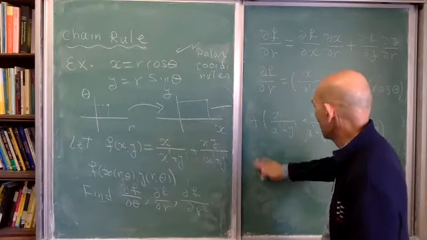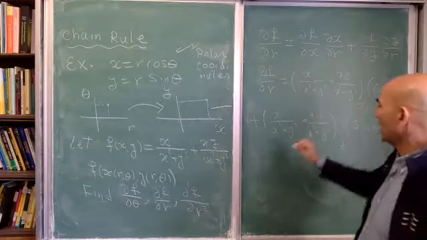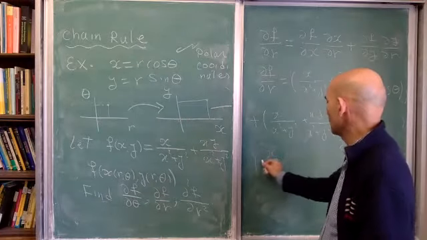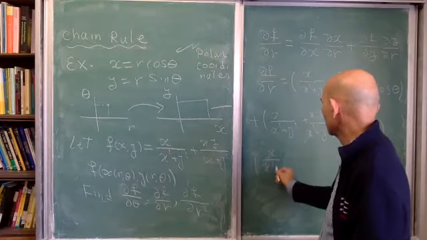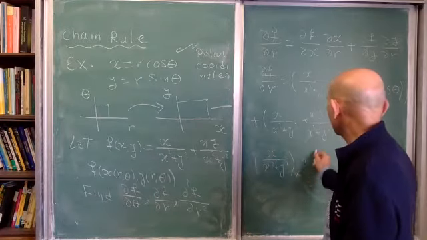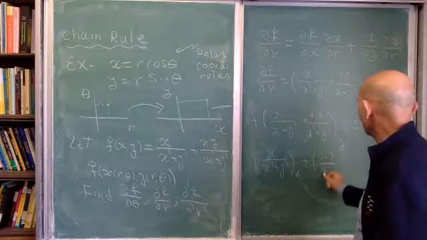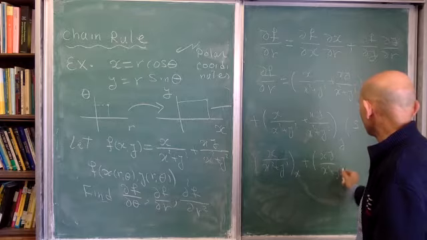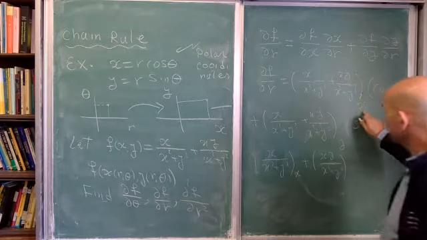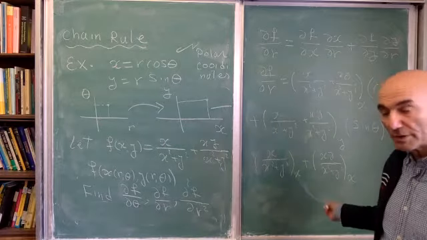Now we are computing this derivative. So it's this one, x over x² plus y² with respect to x, plus xy over x² plus y², again with respect to x. Both of them are with respect to x.